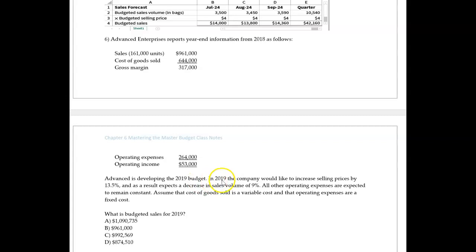In 2019, the company would like to increase selling prices by 13.5%, and as a result, expects a decrease in sales volume of 9%. All other operating expenses are expected to remain constant. Assume that the cost of goods sold is a variable cost. It's a really important statement. So all of this is variable.